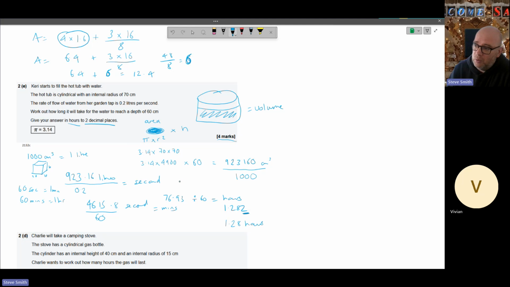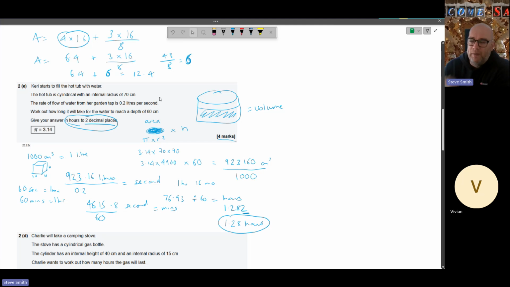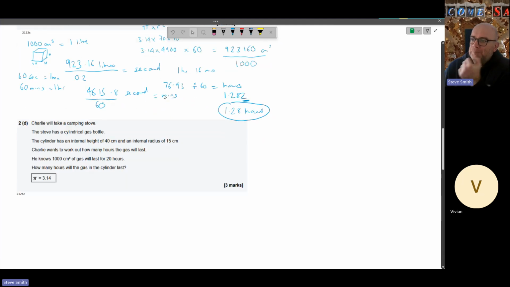So if you'd have done 1 hour, 16 minutes, you wouldn't have got that 4th mark because you've done all your workings out correctly again, and you've gone 1 step further by showing it in minutes as well, but it wants it like that because it's saying it in here to 2 decimal places in hours. It doesn't say in hours and minutes. So be mindful sometimes if you're rounding it up to minutes, does it actually want that? This question doesn't want that.